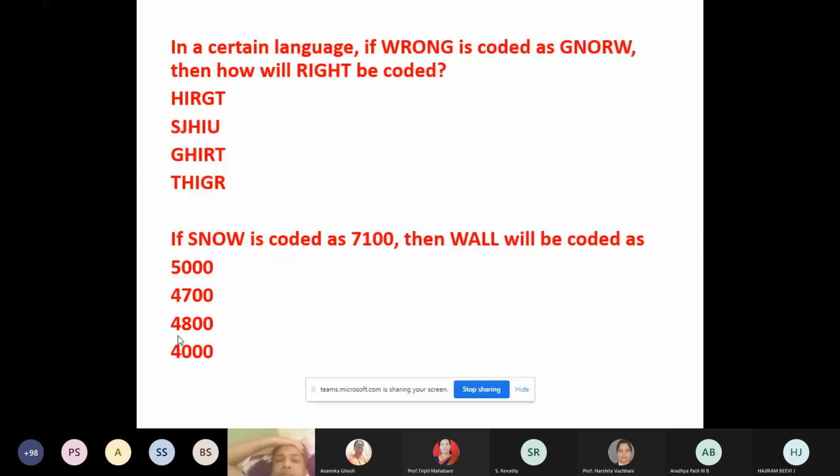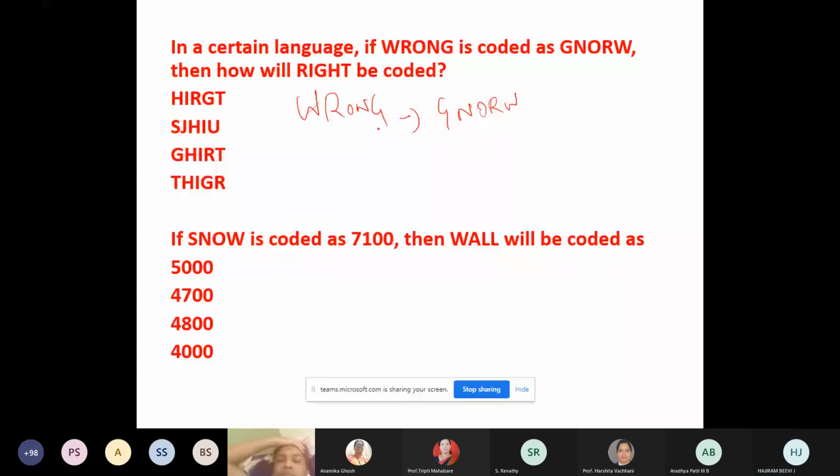Many made a mistake here. How? Because they are given G, N, O, R, W, so many of us think they are given in reverse manner.